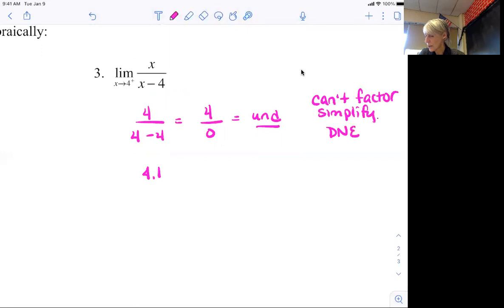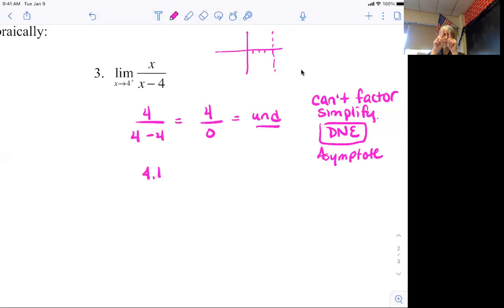So when the limit does not exist, we know there's an asymptote. When I plug in 4, I get an asymptote. So I want to know now, when I plug in numbers a little bit less than 4 or a little bit greater than 4, which is this example here, what's happening to the graph?